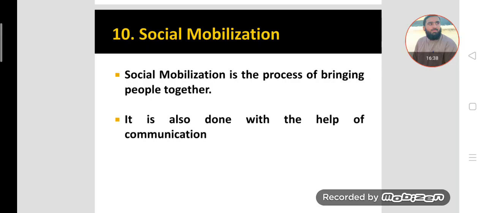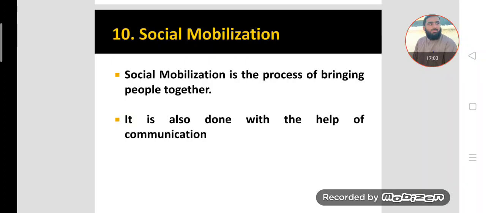Yes, how? For example, when we are conducting a survey in a particular area, we need social mobilization in that area, okay? We need to discuss with the influential people, with the great people, with the heads of the institutions.